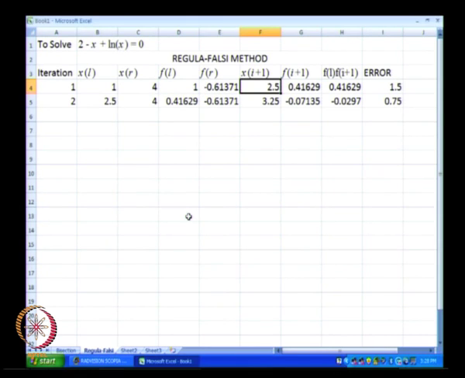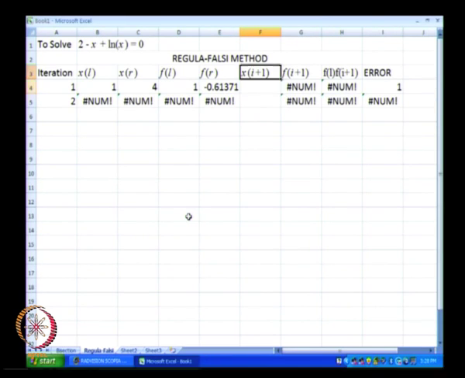Now what changes is how x of i plus 1 is computed. I have deleted this x of i plus 1, and because it does not have any value in it, we are getting an error when Excel computes its solutions.